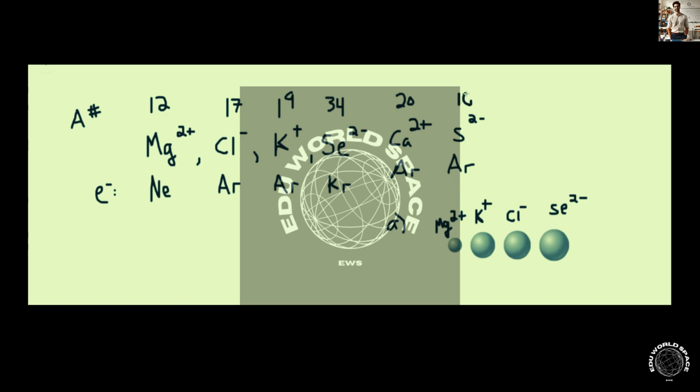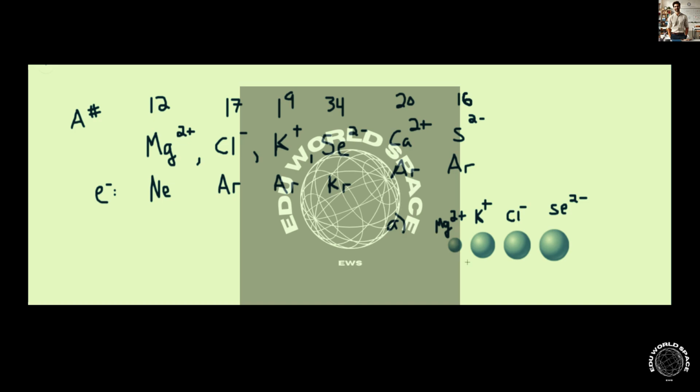So just like before, the rule is that larger atomic number means more protons in the nucleus, more attraction to the electrons outside the nucleus that brings those closer together, and it shrinks the size of the atom. So higher atomic number, lower atomic radius or smaller size if the number of electrons is the same.